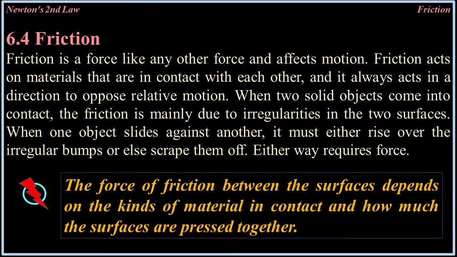When one object slides against another, it must either rise over the irregular bumps or else scrape them off. Either way requires force. The force of friction between the surfaces depends on the kinds of material in contact and how much the surfaces are pressed together. Friction.